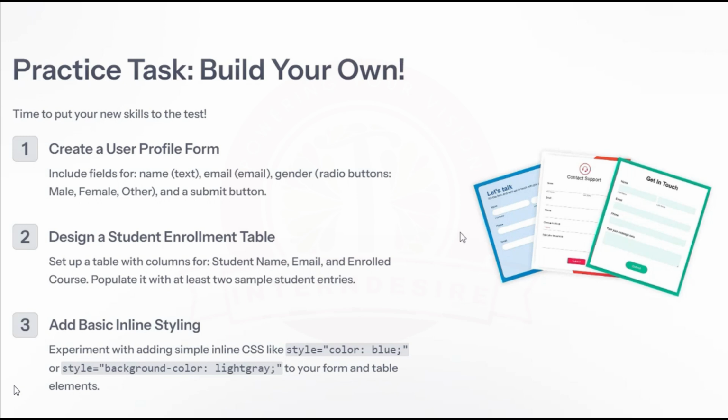Add basic inline styling if you want. It is optional, but if you want, you can add basic styling, and the styling code is also available here. So you can take help from the video. You can copy it and paste it in your respective file for styling.